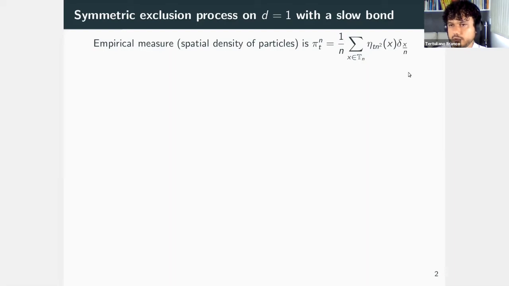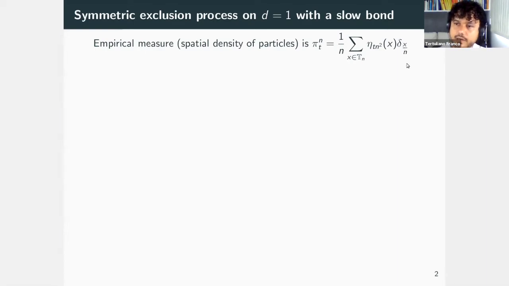And let's note two things. First, the time scaling is tn^2, the so-called diffusive scaling. So we are seeing the system at time n^2, so we give the system time to evolve. And the space is x over n.